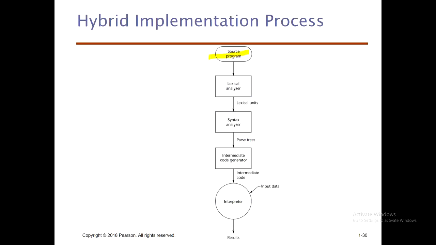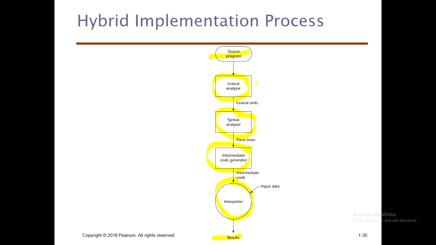So here, the source program, and this is the result. What happens here is you have the lexical analyzer, which sends the lexical units to the syntax analyzer, and then intermediate code, and then it will send it to the interpreter to make it ready for making the executable program for results.